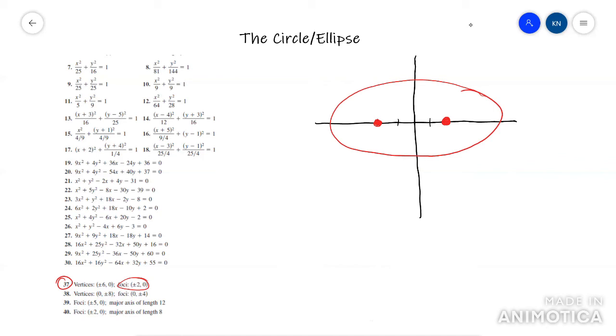You're going to tell if it's vertical or horizontal based on your foci. But they also gave you 2 vertices, plus minus 6, 0. All right. And they're probably going to want the whole equation for this.